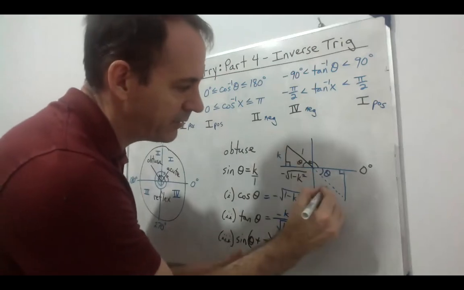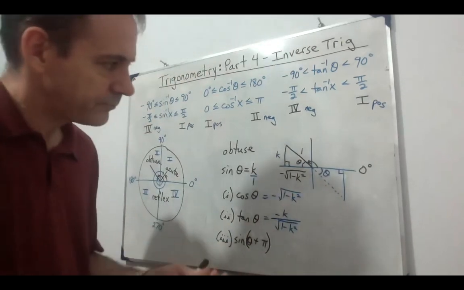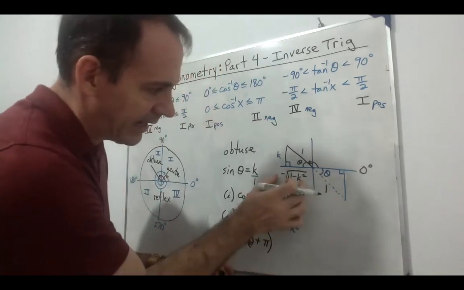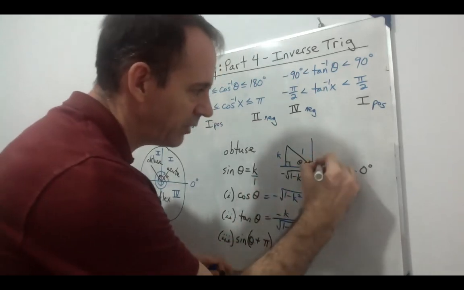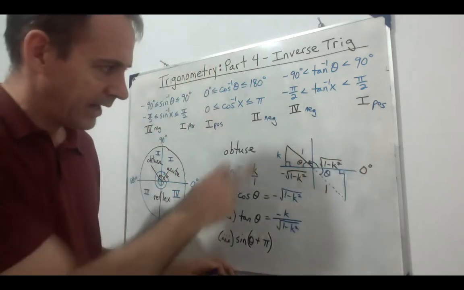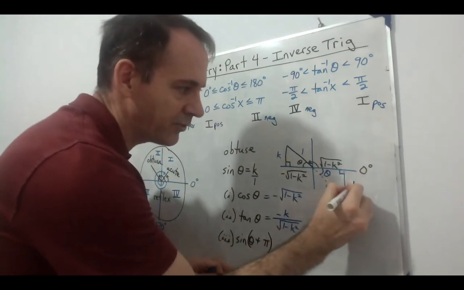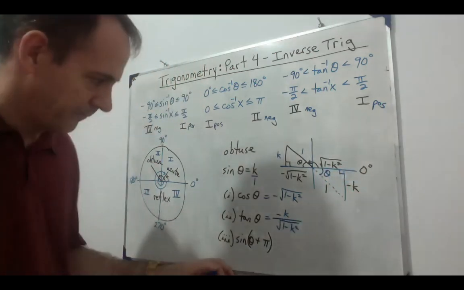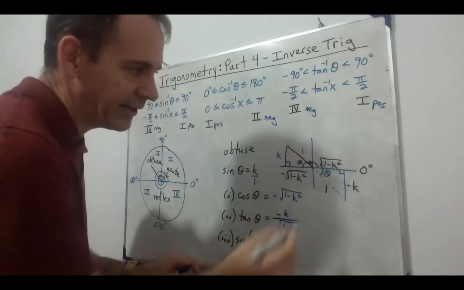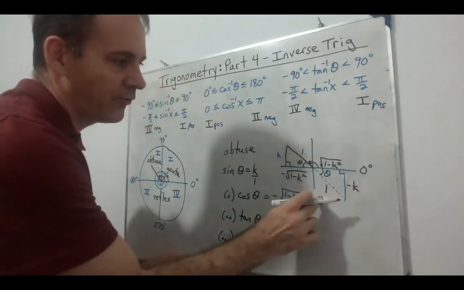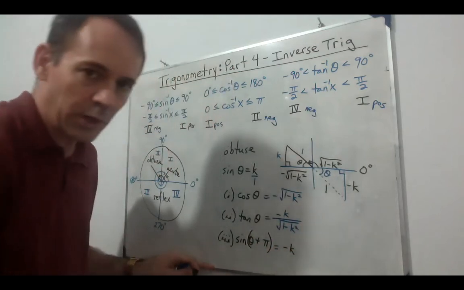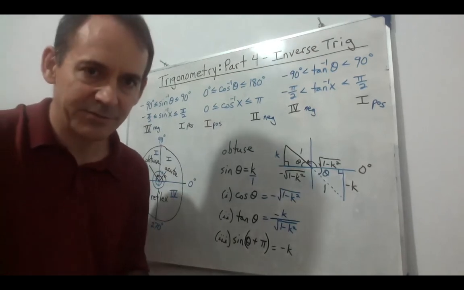So my hypotenuse is still 1. This side is now flipped over this way. So now it's a positive root 1 minus k squared. And the k is now going down, so it's now negative. So sine of this new angle over here, opposite over hypotenuse equals just negative k over 1 or negative k.